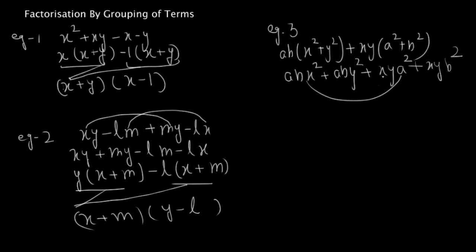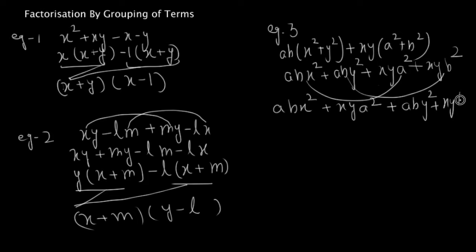Let's see again the first and third and the second and fourth. Let's rewrite our polynomial as this. Now let's see, we have a and x common here, so we are left with bx here and ay over here.